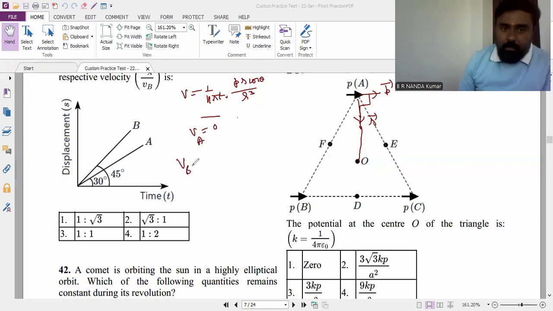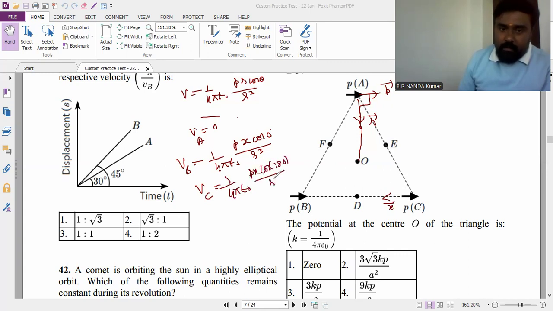And VB is 1 by 4 pi epsilon naught P. The R vector splits into two components. The Y component gives 0, because the y vector is perpendicular to the P vector, so the potential is 0. But due to the horizontal component, P x cos 0 divided by R cube. Next, VC: here the P vector is anti-parallel to the R vector, that is the x vector. This is 1 by 4 pi epsilon naught P x cos 180.